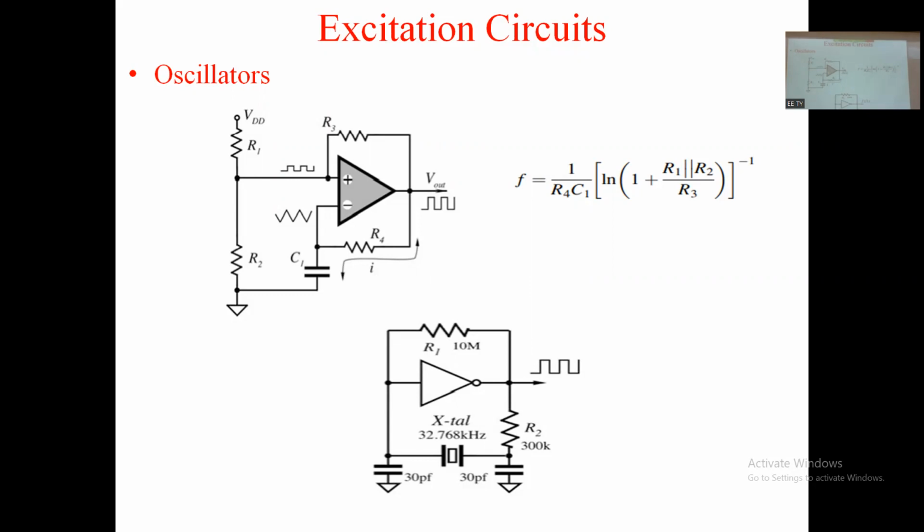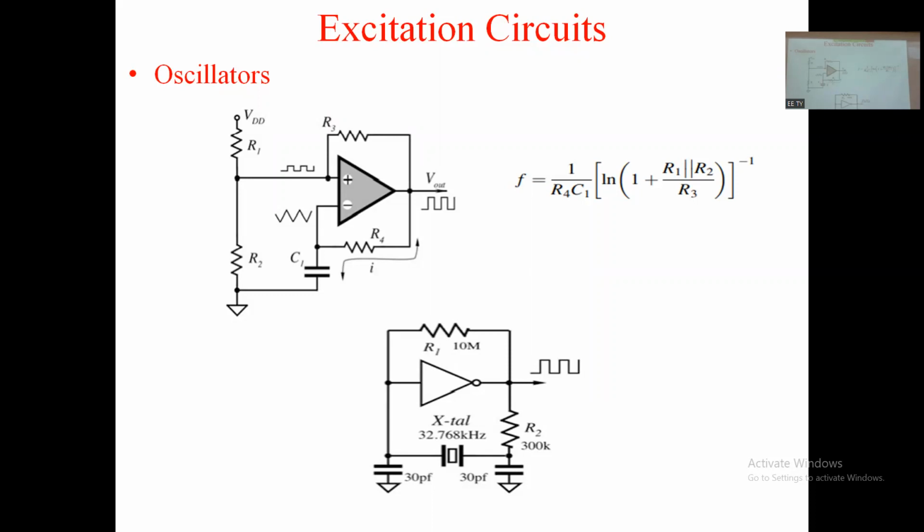So some active sensors require excitation. So there are four types of excitation. Okay. So the remaining part we will see in the next lecture, that is analog to digital converter.